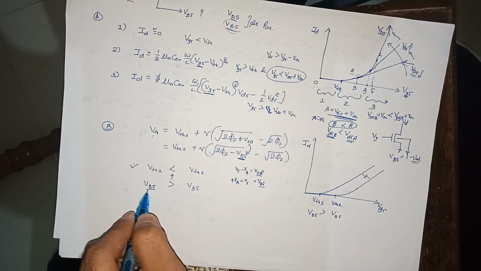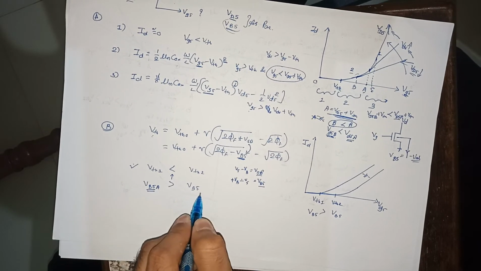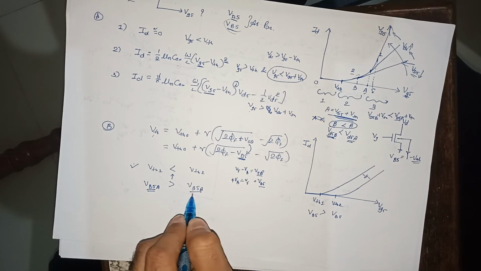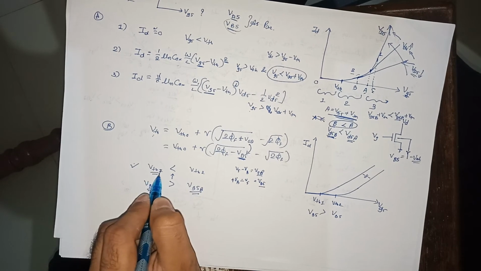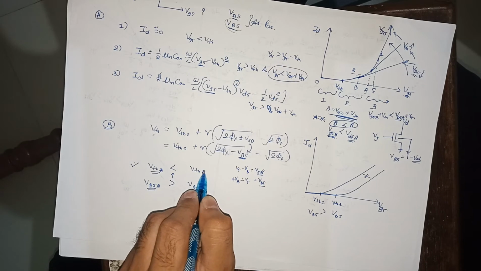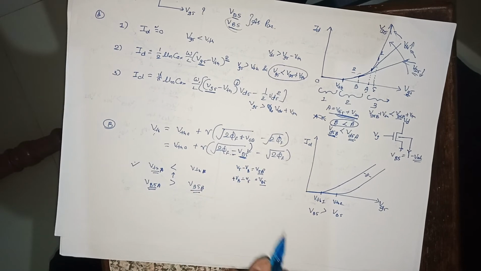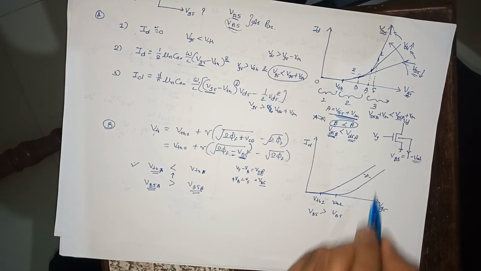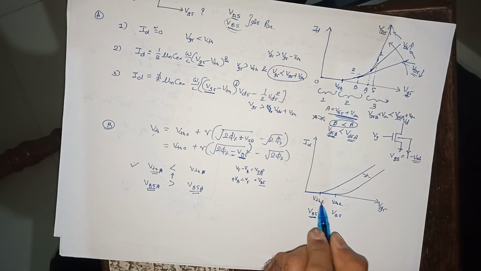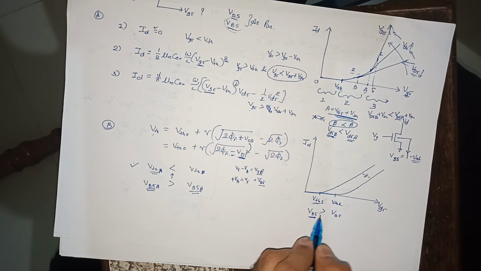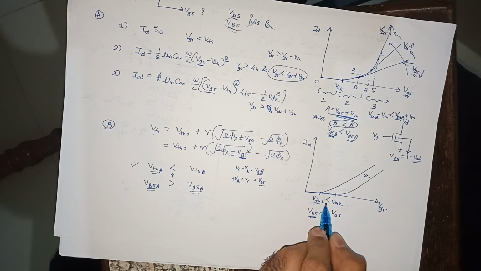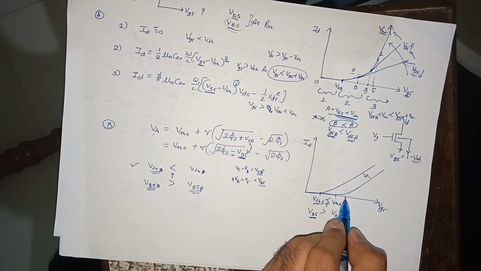So if your VBS A is higher than your VBS B, that means your VTH A will be less than your VTH B. Why? Because of this negative sign. If your VBS is higher, your VTH will be lower, like this. So you can plot this graph like this.